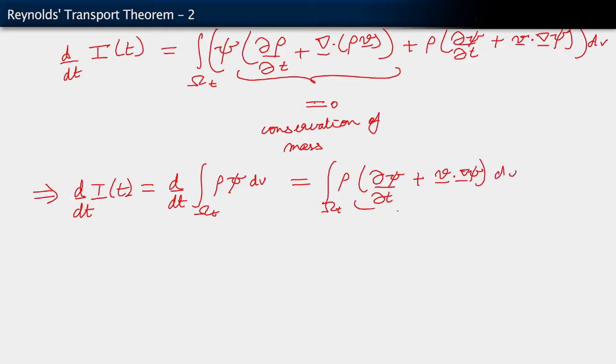But then we observe that this is just the material time derivative of psi, parameterized by x and t, where x is obtained through the motion, and here we are keeping the reference position fixed. So this is what this integral reduces to.